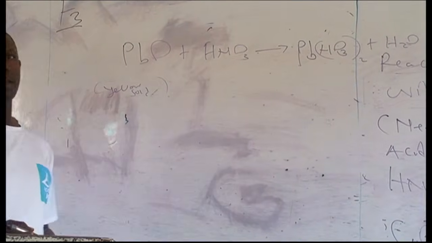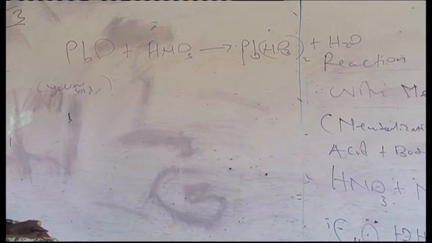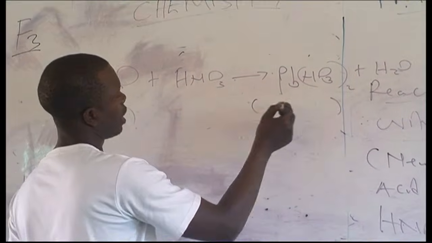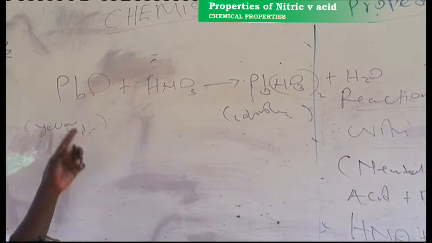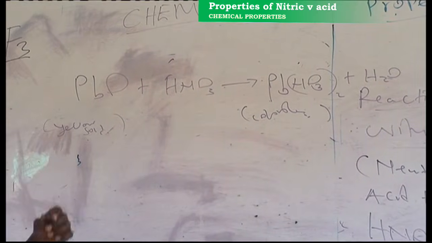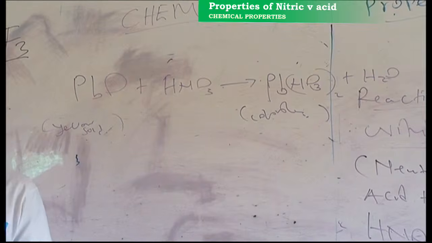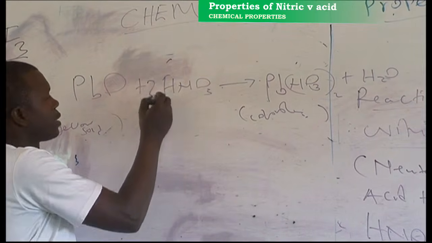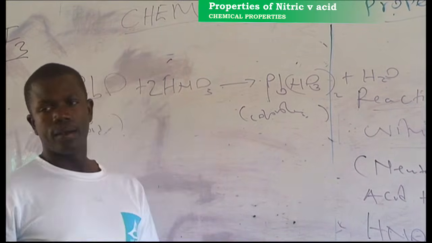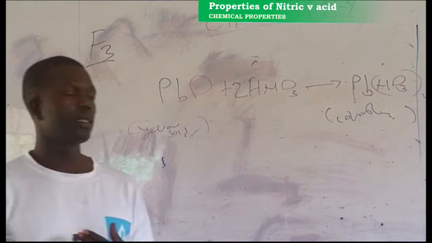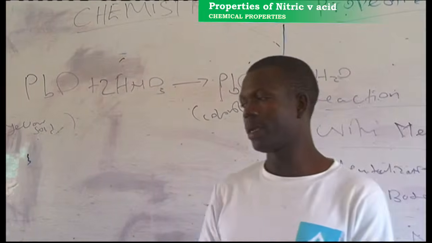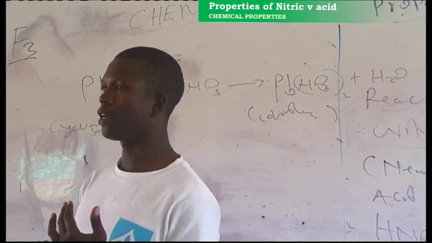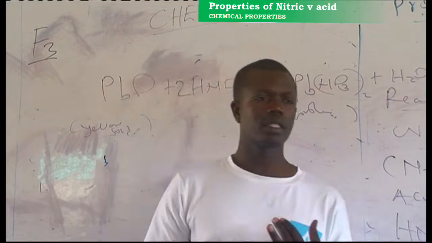In that reaction, lead(II) nitrate is a colored solution, and lead(II) oxide is a yellow solid. So there is also some change in the color of the solutions. So we have seen that dilute nitric acid can react widely with metal oxides.